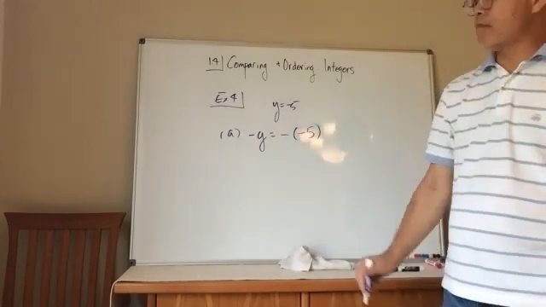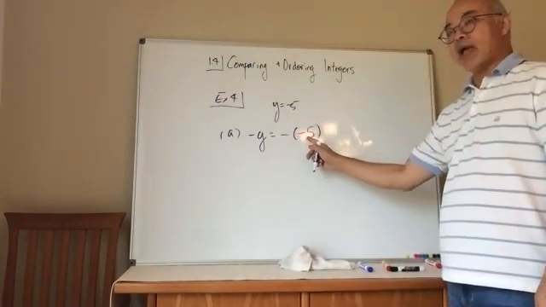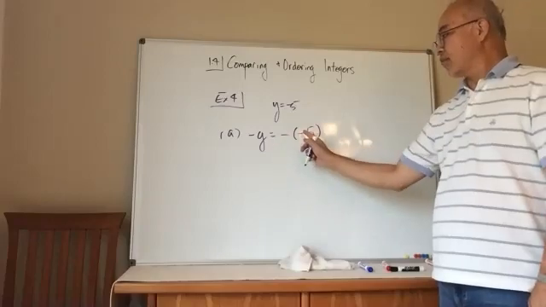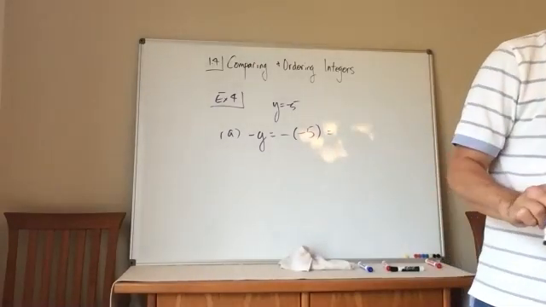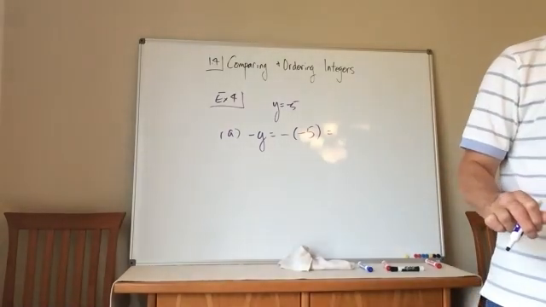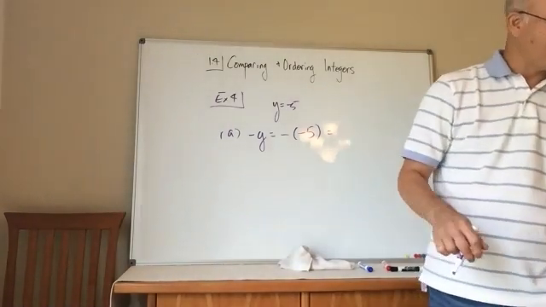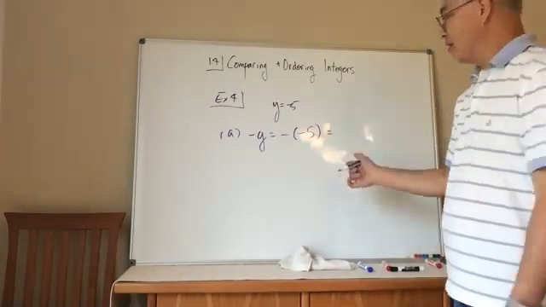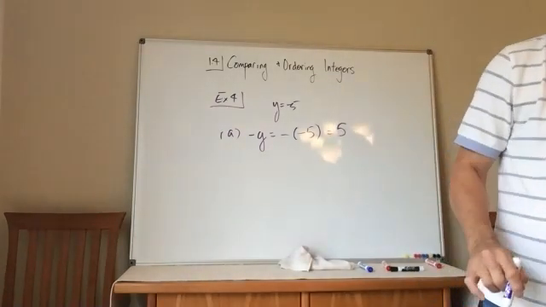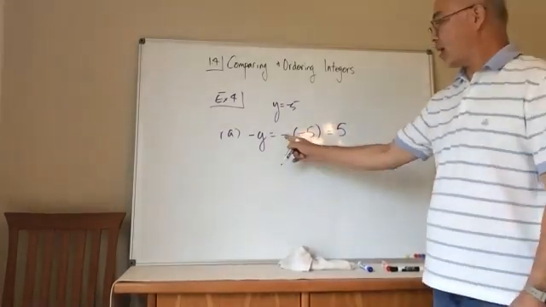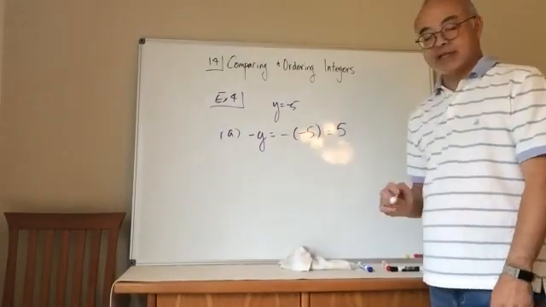So if I have a negative and a negative, right, this becomes what? Anybody? If I have two negatives, they become positive, right? So now this is the same as 5. Okay, so if I have two negatives like this, it becomes positive.